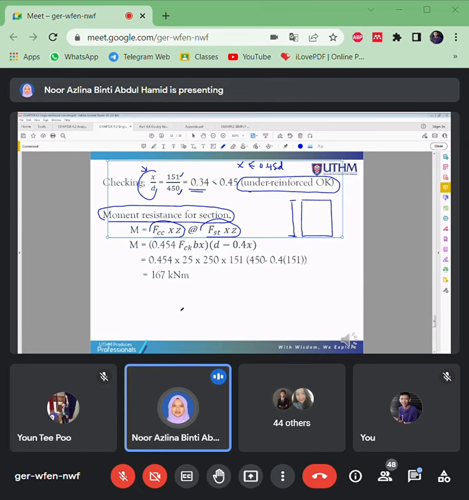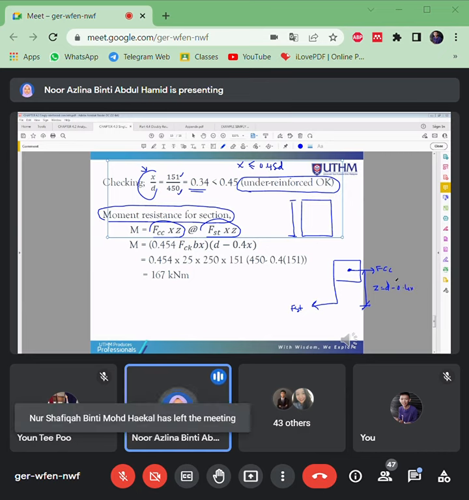If you don't believe it, try after class. Practise by drawing the FSD, this one for the concrete which is FCC, and then you have Z here, which is d minus 0.4x. So either FCC multiplied by Z or FSD multiplied by Z, you will get the same value of 167 kilonewton meters.